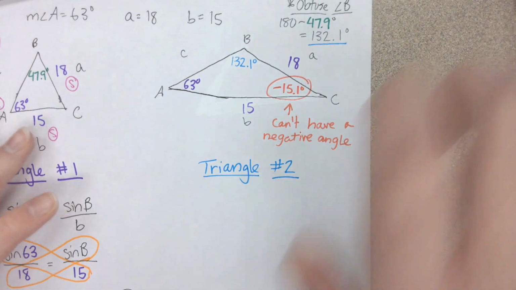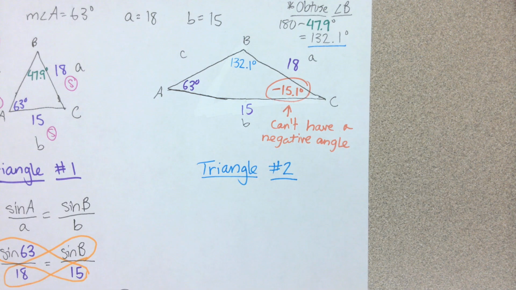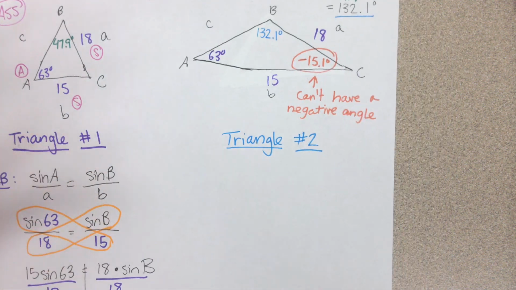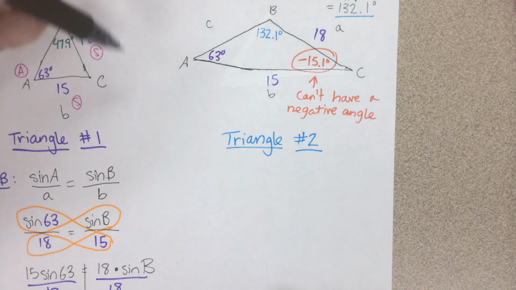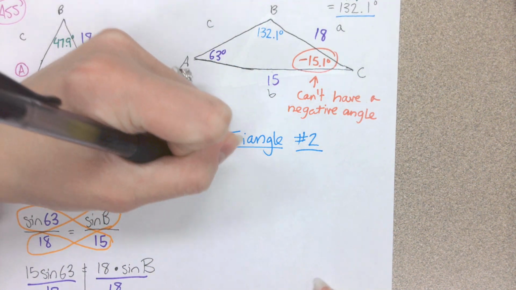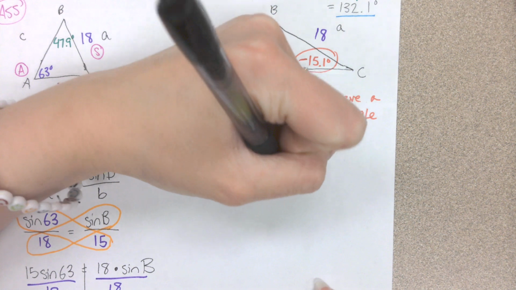So, since this clearly doesn't work, this is the case where ASS only gives one triangle, not two. We're just going to write here, under triangle 2: no second triangle.